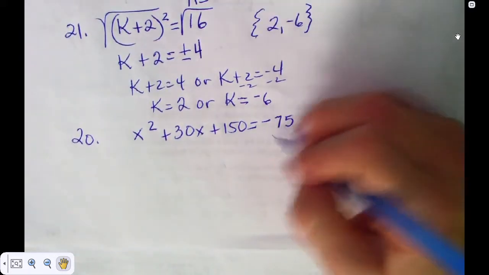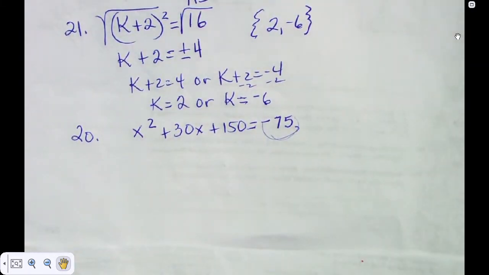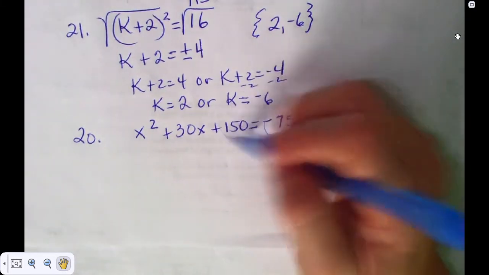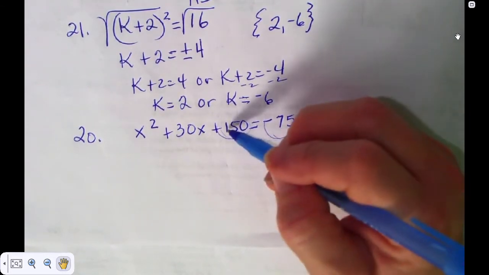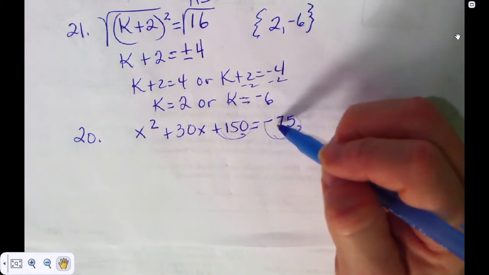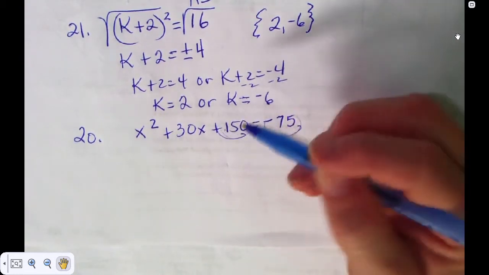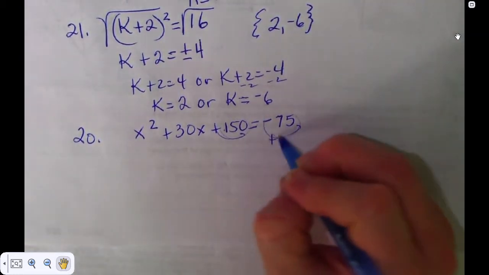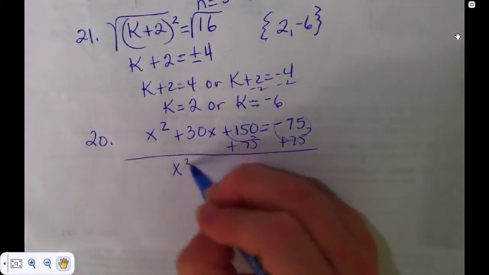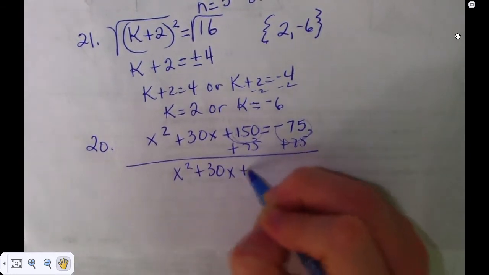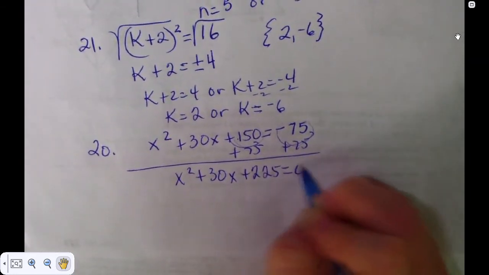I know that negative 75 is not a perfect square. And 150 is not a perfect square. What if I added 75 to both sides? What am I going to get? And is 225 a perfect square?